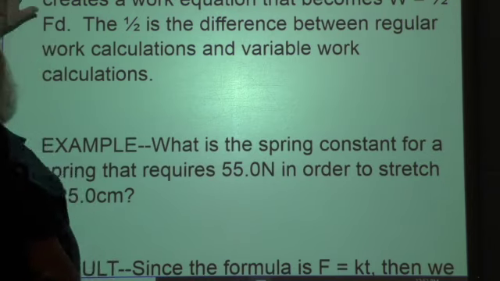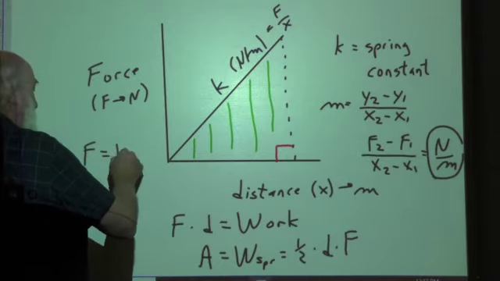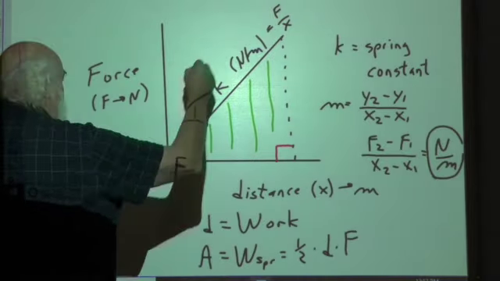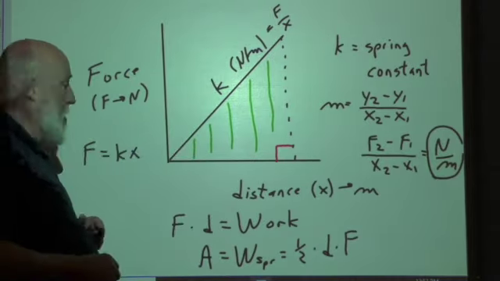Another way of saying that is K is equal to the force divided by the X. Now, the formula then can be rewritten as force equals K times X. These are variations of the same thing. So if you're solving for K, you would put K equals F over X, because you divide by X. You get K by itself.